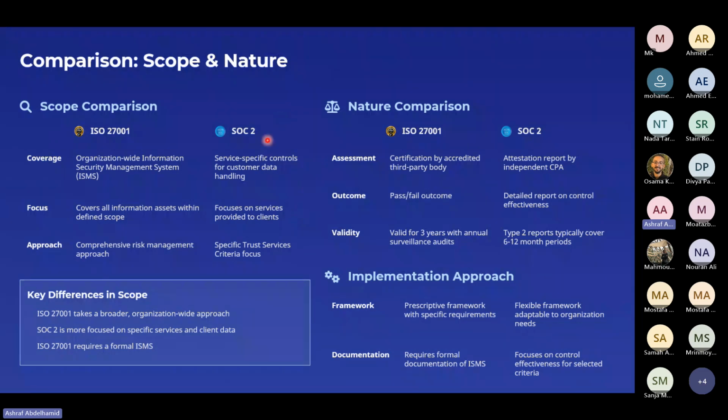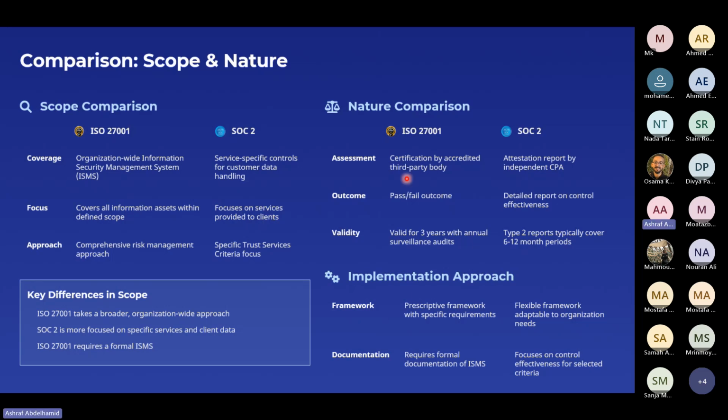With SOC 2 we provide trust to our clients. Behind that is the information handling of the customers of that service provider.